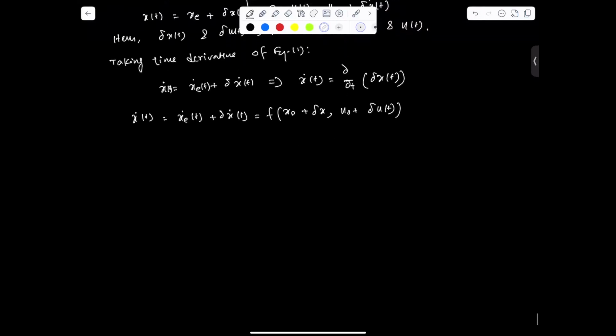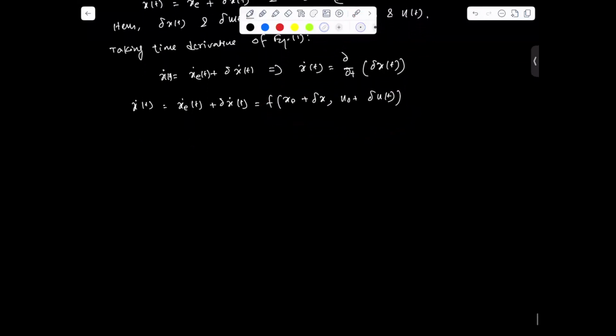And if you notice this function, here we will apply the Taylor series expansion.